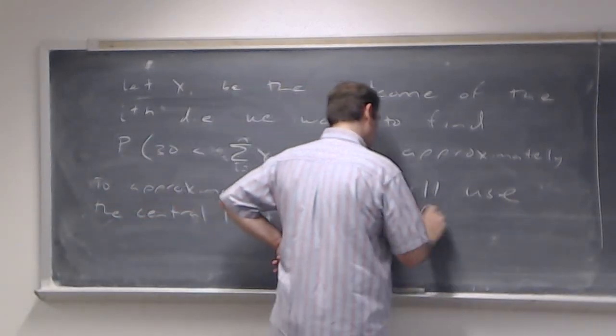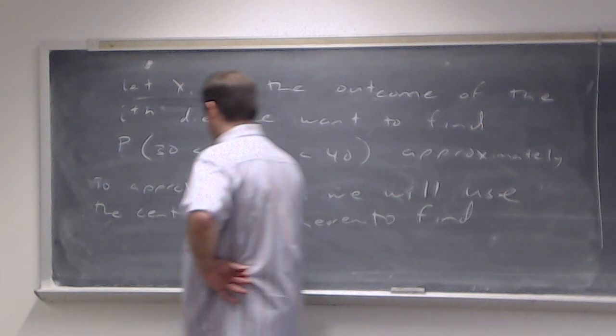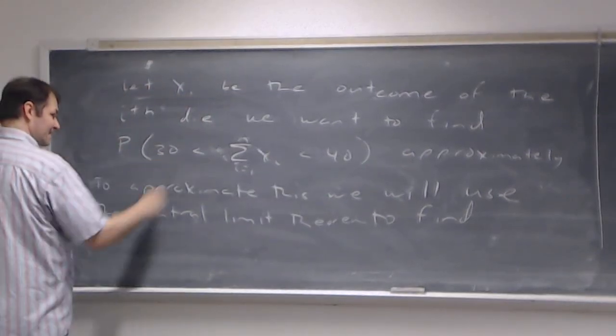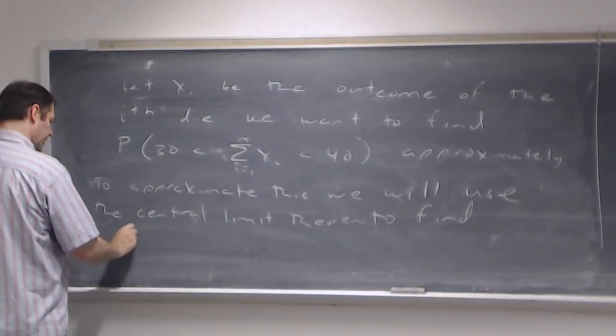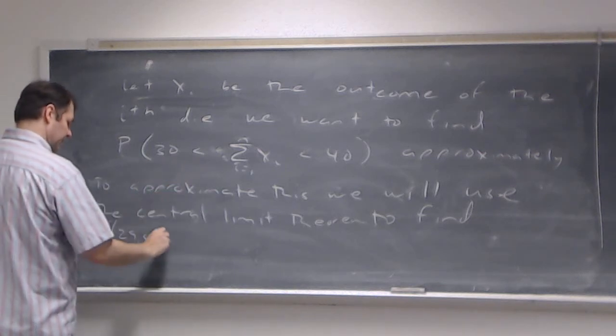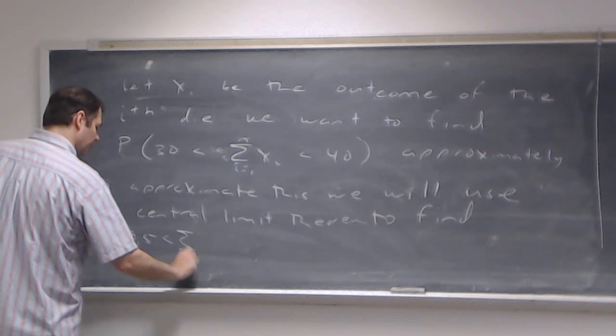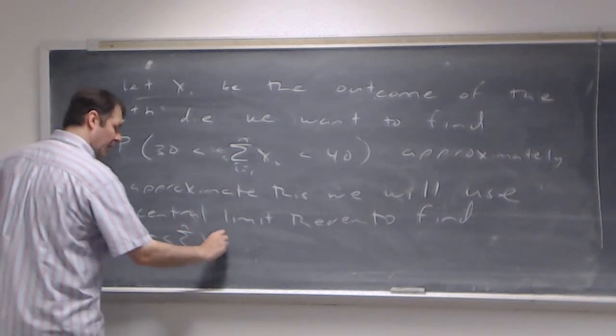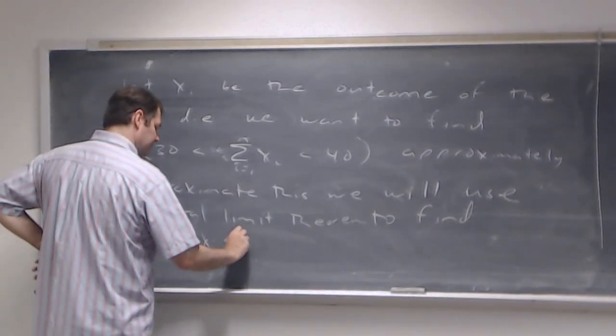I'm going to change the problem just a little bit, because they can end exactly here. I'm going to use 29.5 less than the sum as i runs from 1 to n of X_i. In a problem, I will tell you what to use here. And let's make this 40.5.